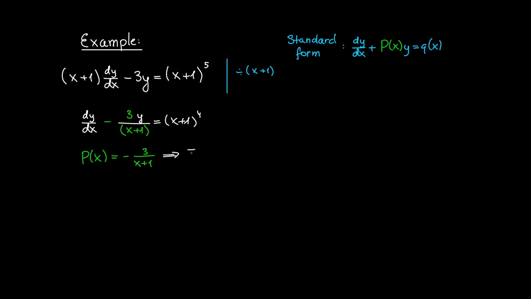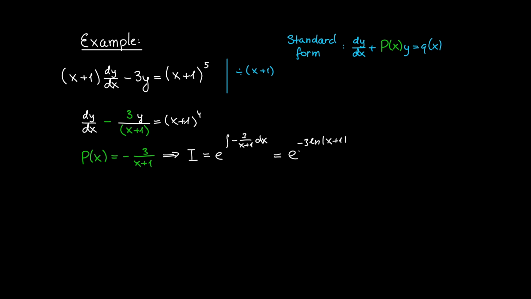This means we can now find the integrating factor that I'm going to denote with I, and that is simply equal to e to the power of the integral of negative 3 over x plus 1 dx. This integral up here is easily solvable. It is simply going to be the negative 3 times ln of x plus 1.